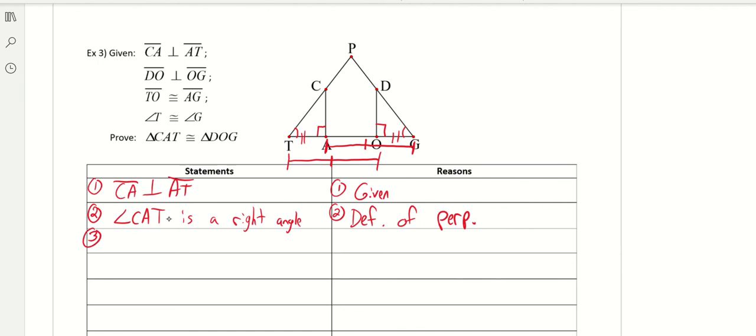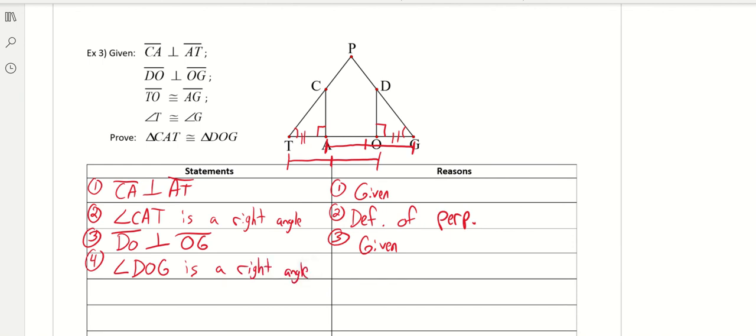Number 3, DO is perpendicular to OG. How did I know that? That was my given information. Number 4, what did I learn from DO being perpendicular to OG? I concluded that angle DOG is a right angle.